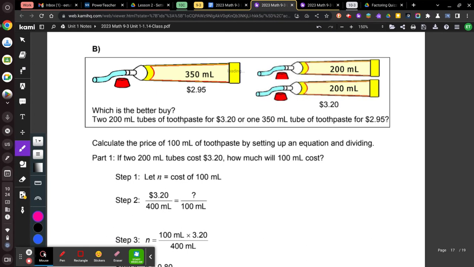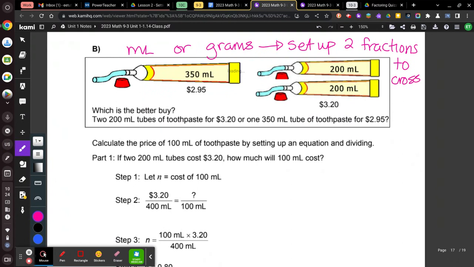The difference is whenever we deal with milliliters or grams, we set up a cross multiply. We set up 2 fractions to cross multiply, then divide.